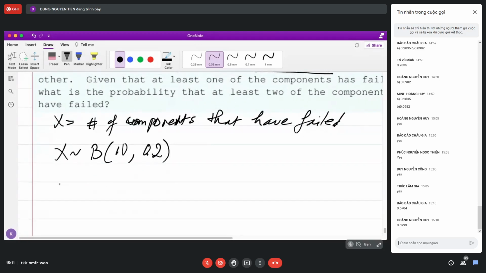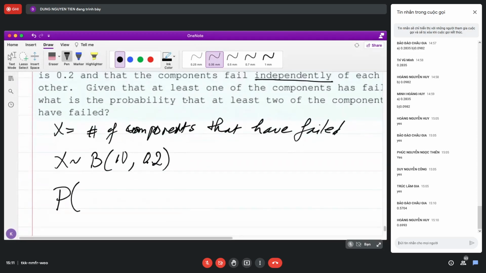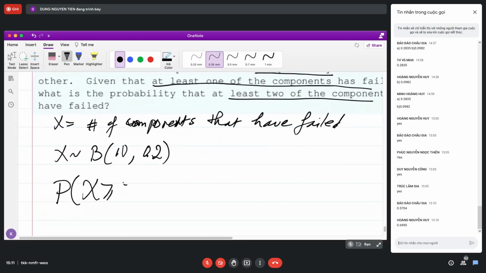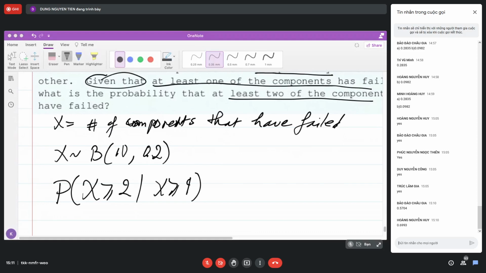Now you want to find the probability that at least two of the components have failed, at least two. So you want to find the probability that X is at least two, given that at least one of the components has failed, so X is greater than or equal to 1. Then you have conditional probability.